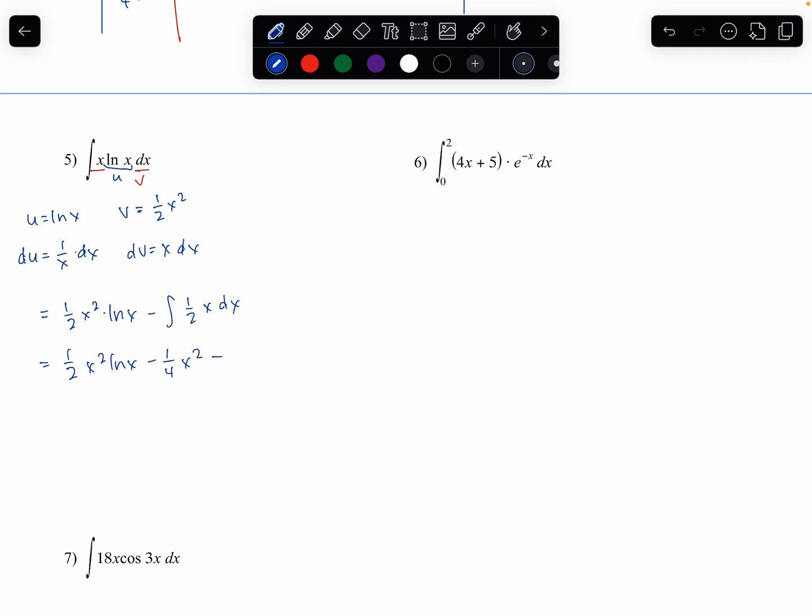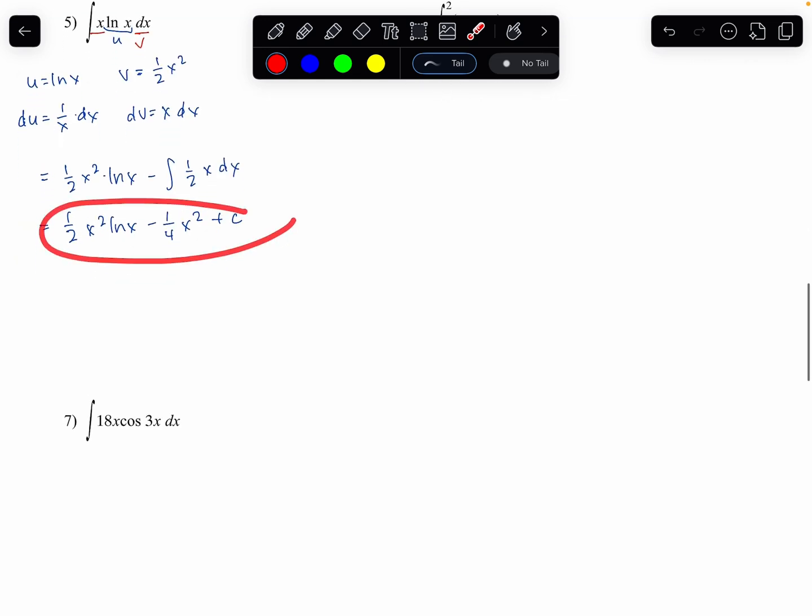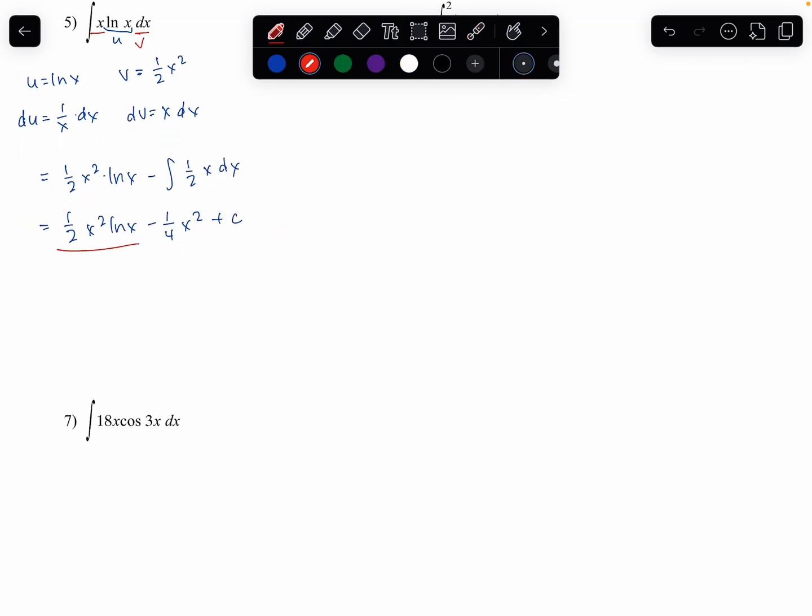x squared plus c. Okay, and then if we do a quick check right here, the derivative here is going to require the product rule. So we're going to have the first times the derivative of the second plus the derivative of the first times the second.